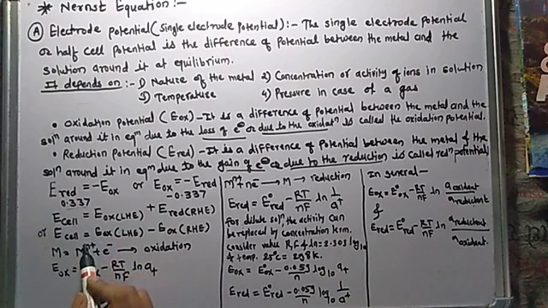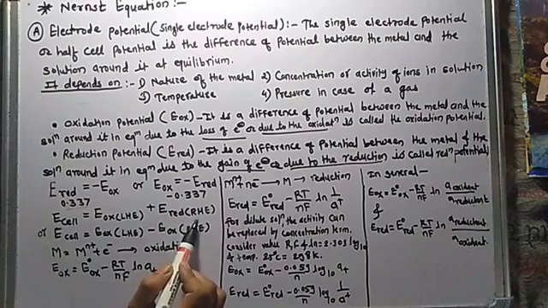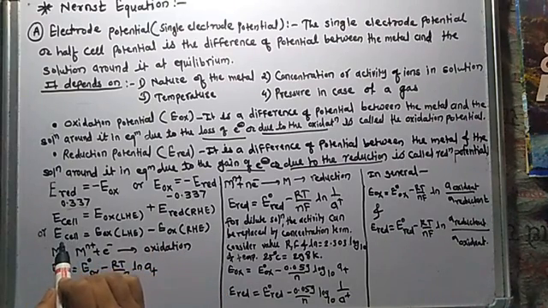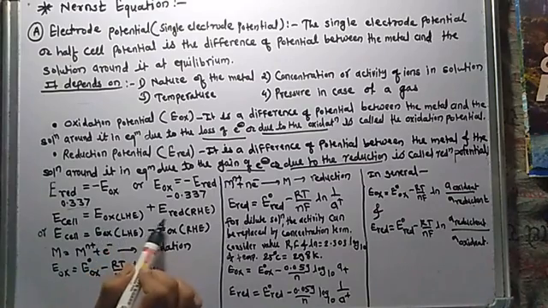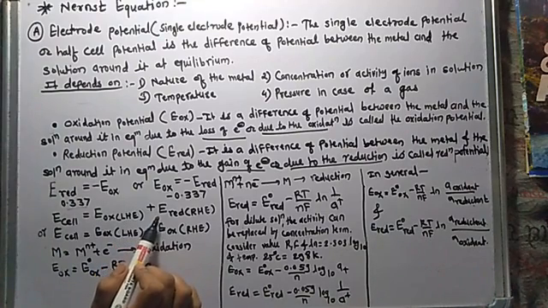So we know that E cell is equal to E oxidation of the left hand electrode plus E reduction of the right hand electrode. It can also be represented as E cell is equal to E oxidation of the left hand electrode minus E oxidation of the right hand electrode. Here E cell is equal to oxidation plus reduction, that is, anode plus cathode.